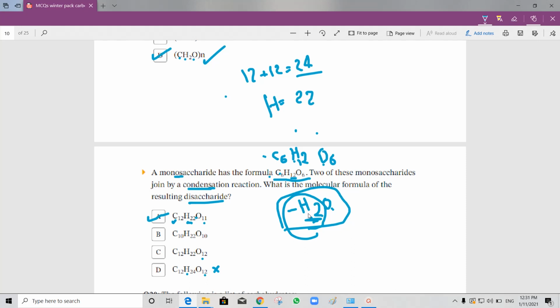So after adding the total number of hydrogen, just subtract 2 hydrogen, which represents the water molecule, and also subtract 1 oxygen atom. So the correct answer will be C12H22O11.